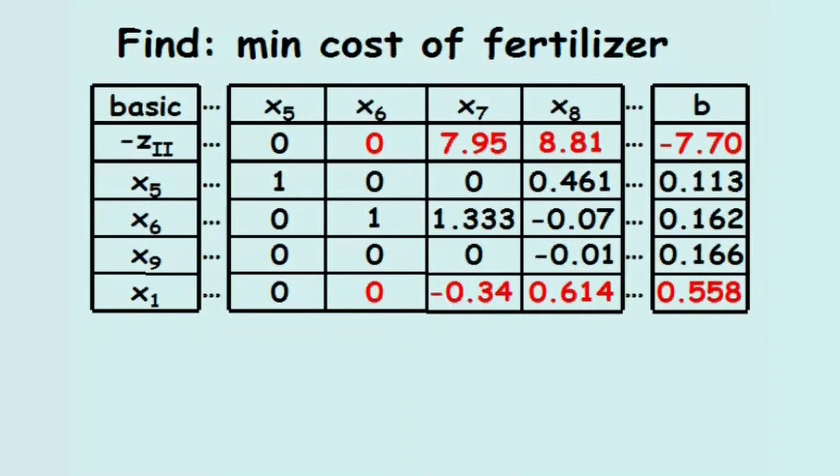After substituting in x6 into the mixture for x7, the cost per cubic yard of fertilizer mix dropped from $8.66 to $7.70.